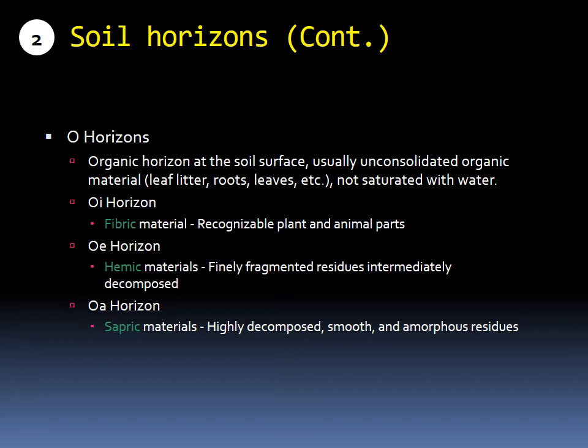And sometimes this organic layer is completely turned into a fine material, highly decomposed, and in this case we call it Oa, and we call it sapric, which describes highly or complete decomposition. So these little letters i, e, a describe the decomposition degree, and they only come with the O horizon.